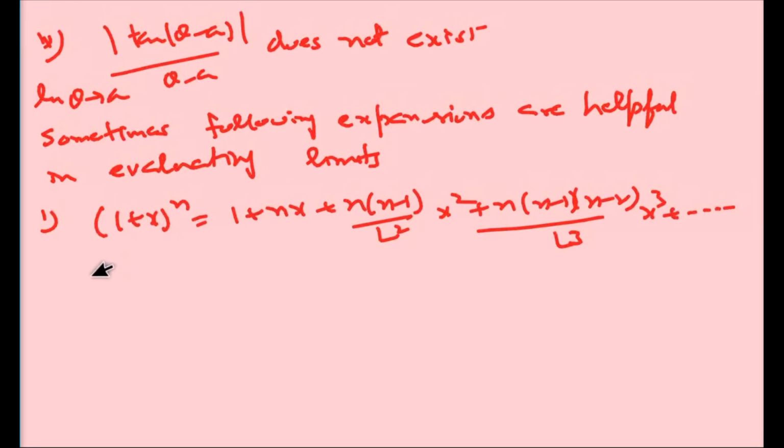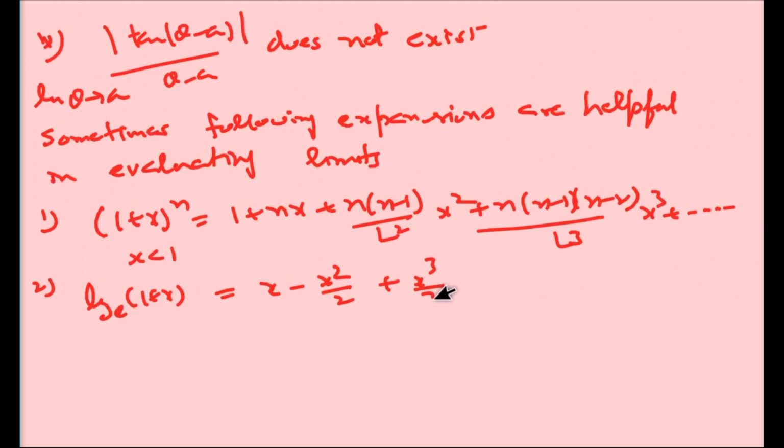This one is the binomial theorem for any index where mod x is less than 1. Now the logarithmic series at e base. If you want to know the detail of the logarithmic series, you should go to the chapter logarithmic series.